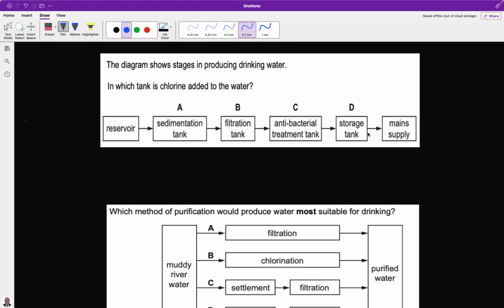Then they are telling us in which tank is chlorine added to the water. It should be tank C, because that is where the antibacterial treatment takes place. The antibacterial is a detergent, something that will destroy microorganisms, including bacteria, fungi, and other seawater organisms. So it is tank C. Tank C is our answer.